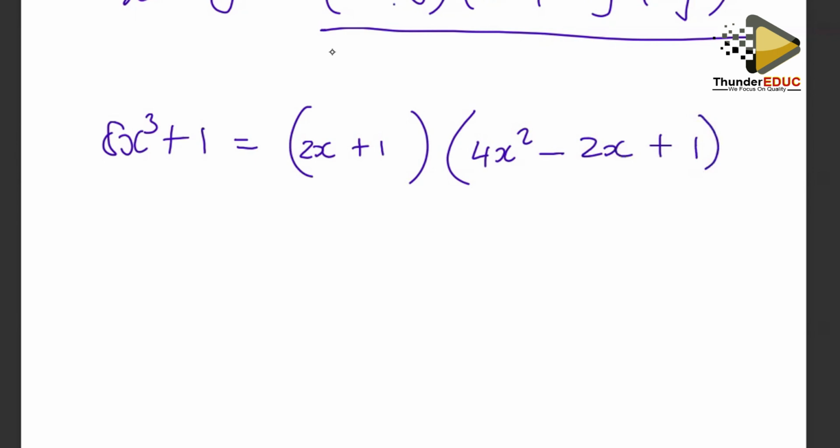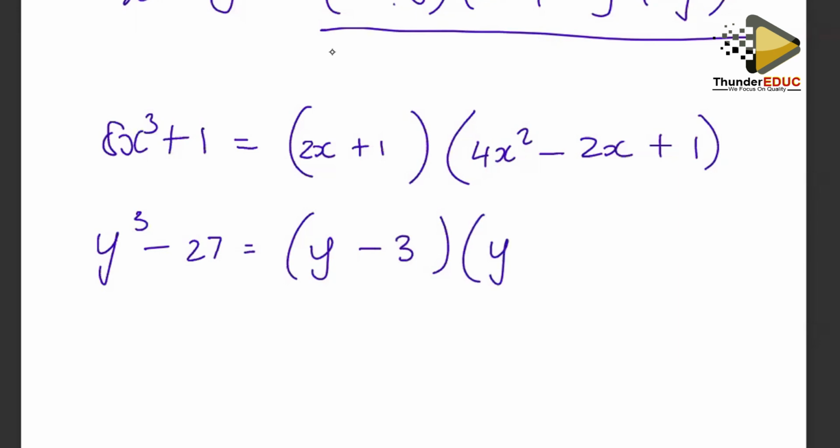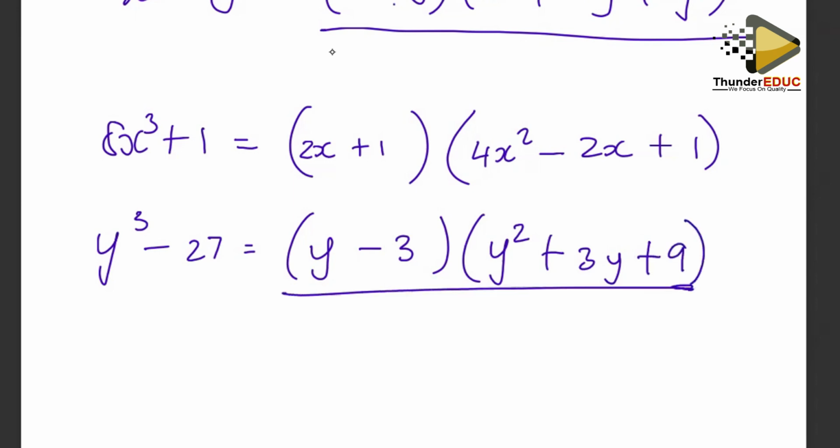That's our answer. If you have y cubed minus 27, cube root of y cubed is a y, cube root of 27 is a 3. And then you start with the squaring part. So that's y squared plus 3y plus the 3 squared is going to give us a 9. Then that becomes our answer.